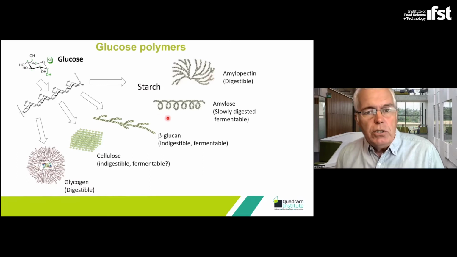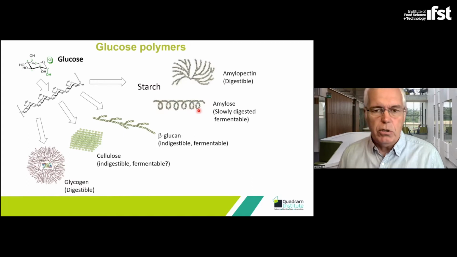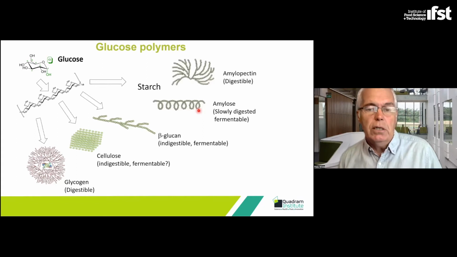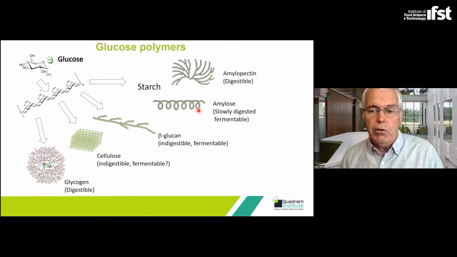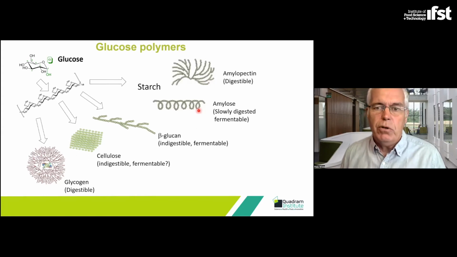The other form of starch is non-branched, and it's a linear molecule which forms helical and crystalline structures, which are very slowly digested, or they can be resistant to digestion with our intrinsic enzymes, but they are fermentable. So once they reach the colon, they're fermented by our microbiota, producing some beneficial metabolites which can aid metabolism.